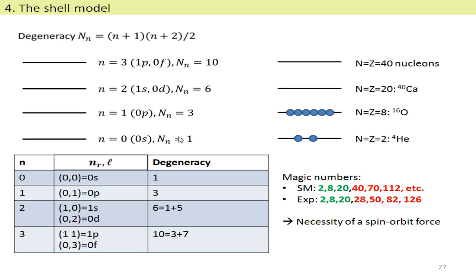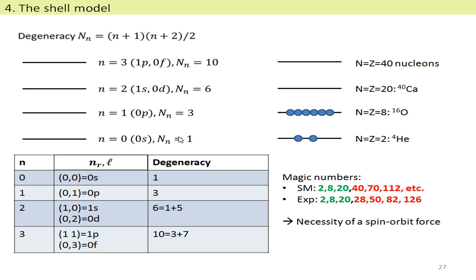But now if you look at the degeneracy of these orbitals, when you neglect the spin orbit, the degeneracy is given by the total quantum number (N+1)(N+2)/2. So it means that you can put 2 nucleons in the N equals 0 shell, 6 nucleons in the N equals 1 shell.